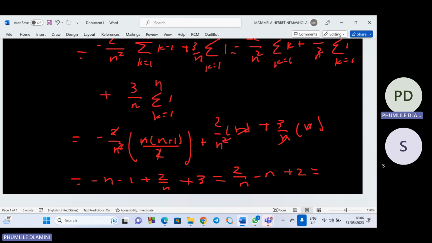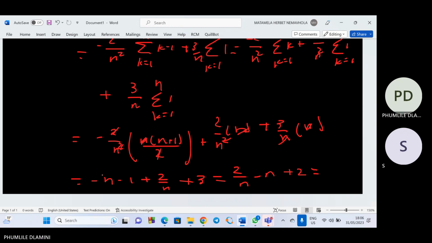It seems as if it's going to be a quadratic, because it's going to be negative n squared plus 2n plus 2 over n, whereby it will cancel somewhere somehow. But it's fine, we're going to work it out later. The other thing I did here: remember when it cancels, it's n over n squared.